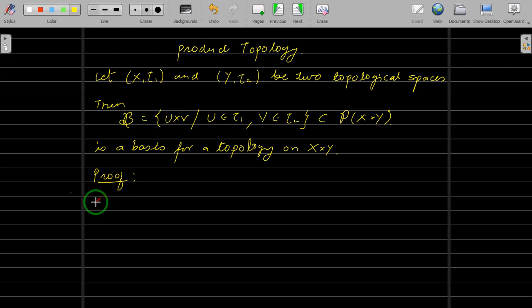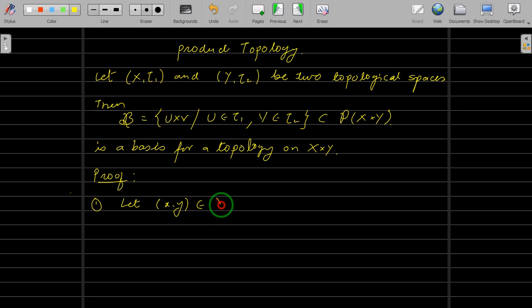Alright. So the first point, where you have to show that it's a basis, is to take some element from X cross Y and get one element from this basis such that this X cross Y element will be in it, and that will be a subset of X cross Y. Let me repeat. You take one element in X cross Y first. The element of X cross Y will be an ordered pair (x, y).